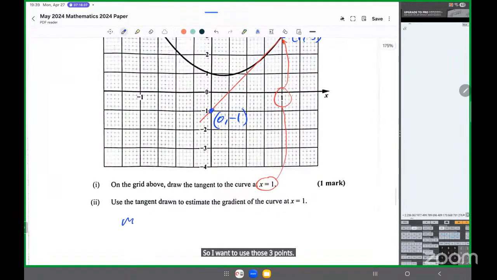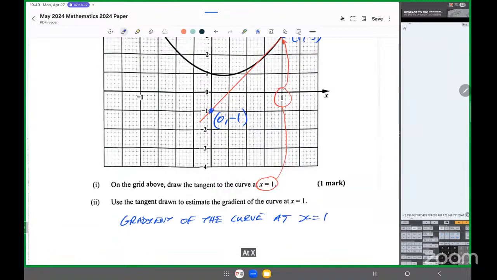So the gradient of the curve at x equals 1 equals the gradient of the tangent at the same point, x equals 1.